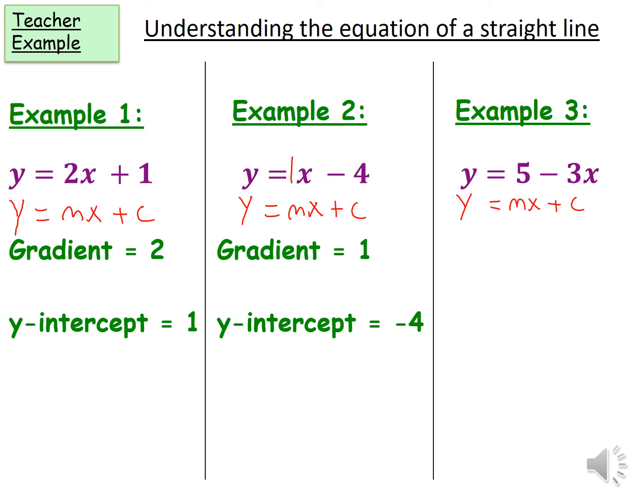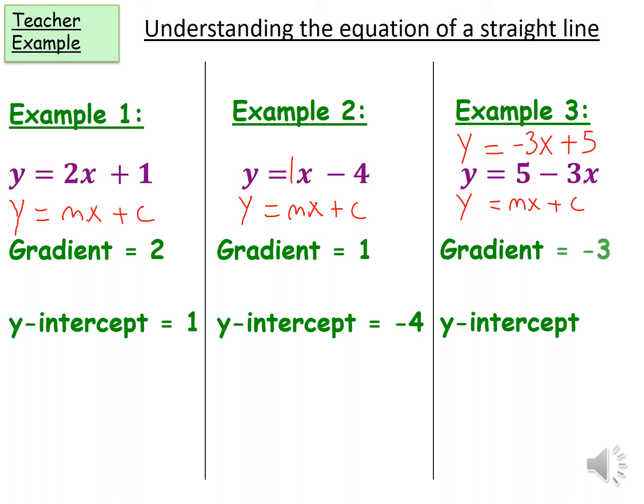So I'll write it at the top, y equals, swap them around, minus 3x. Remember, this is a positive 5, so you're going to add positive 5. Now that will be more clear for you to understand what is my gradient and what is my y-intercept. So if you look at it again, my gradient is in front of the x coordinate, which therefore is -3. My y-intercept is positive 5.